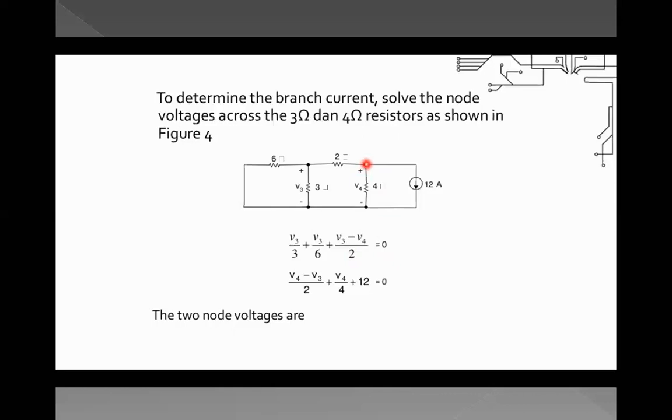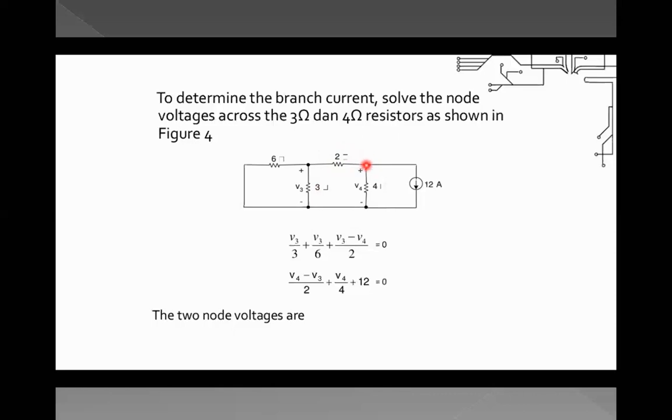So this is another node where we said that the voltage assigned is V4. So to find out V4, for this particular branch, it is quite simple, V4 by 4. And here, this is nothing but V4 minus V3 by 2. Please see this circuit diagram. This is node voltage assigned as V4, and we are finding out the current over here.